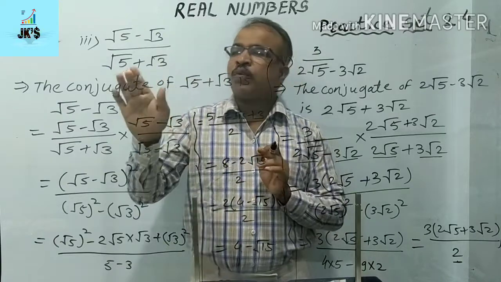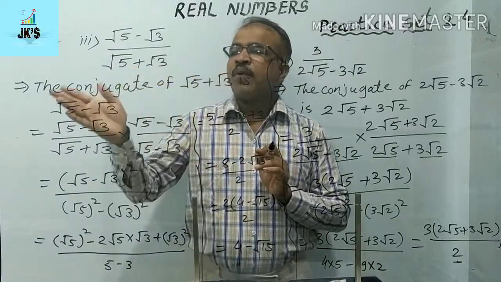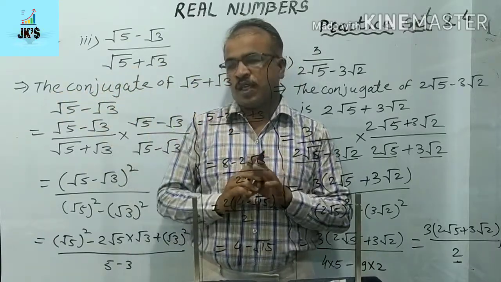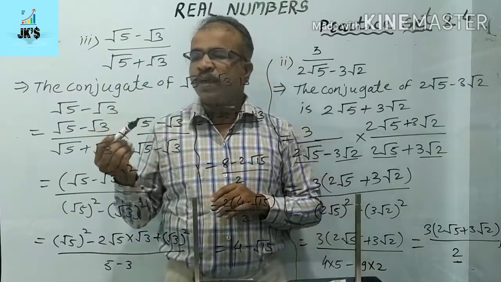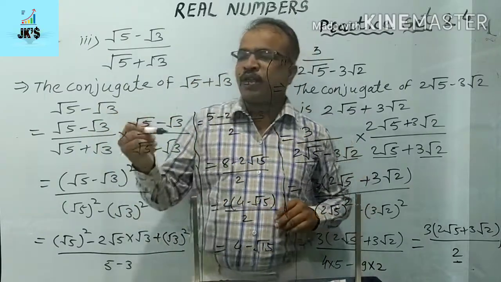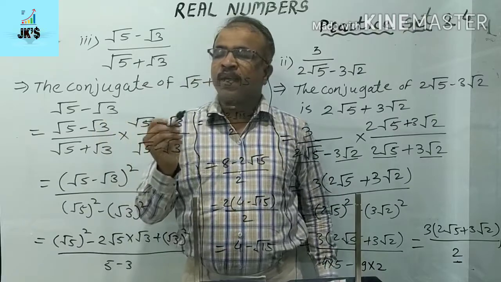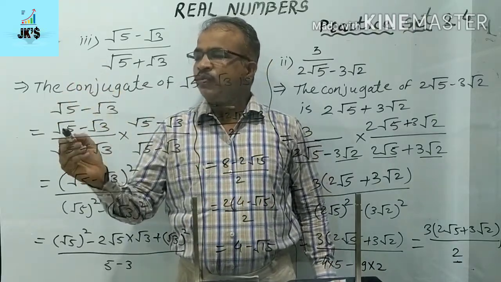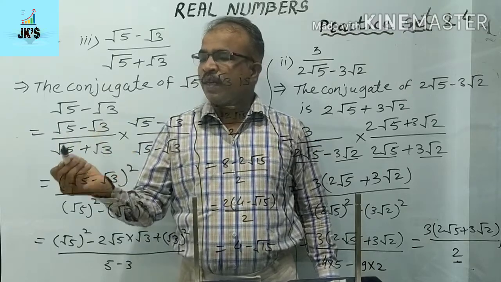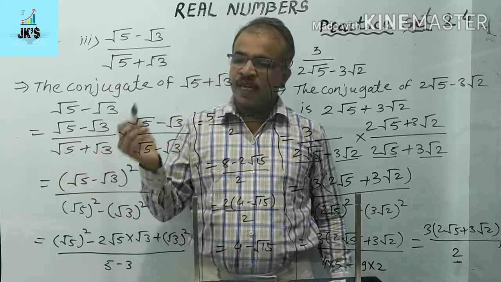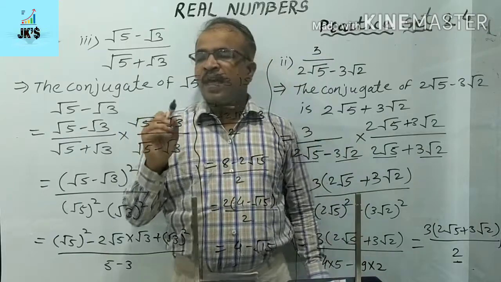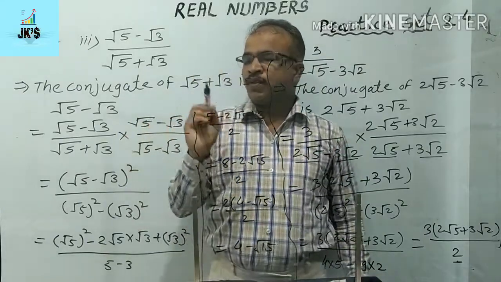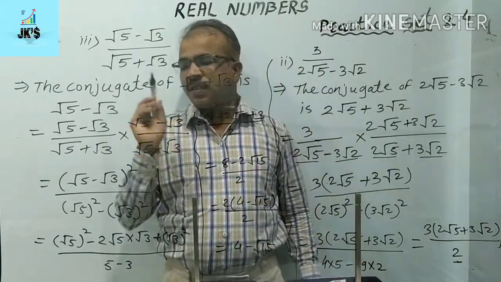Its conjugate is root 5 minus root 3. We multiply and divide by the conjugate, root 5 minus root 3.